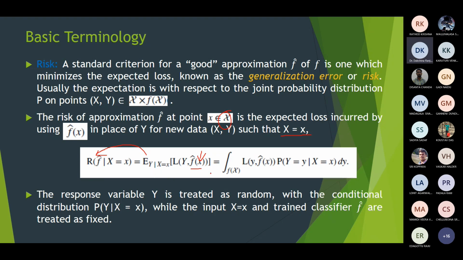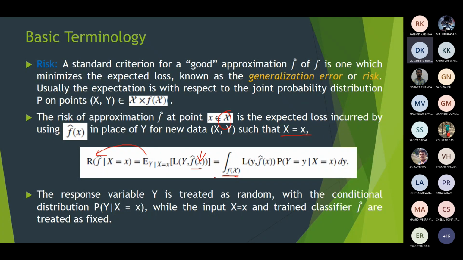We can write it in another form by taking the integration over this loss function, multiplied by the conditional probability p of Y equals small y given X equals small x, where the range is already defined.